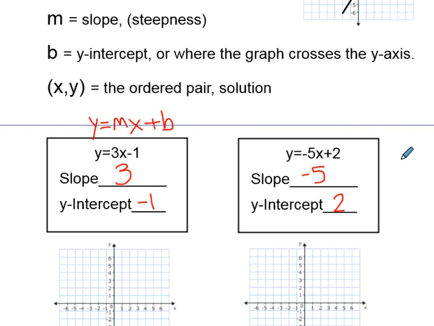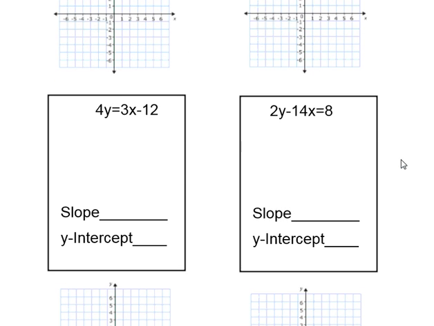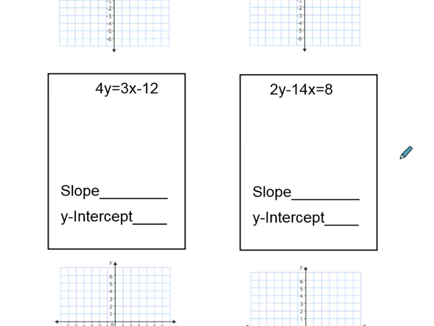The number that's multiplied to x is always your slope. Next, the y-intercept, the b, is +2. All right, so that's as simple as that is. If they're in the form y equals mx plus b, it's very simple to identify the slope and the y-intercept.